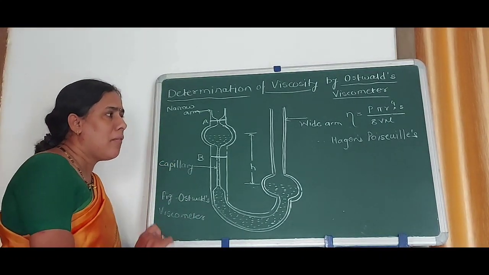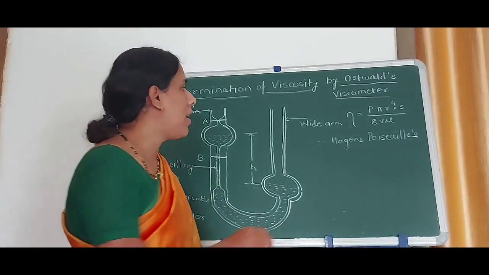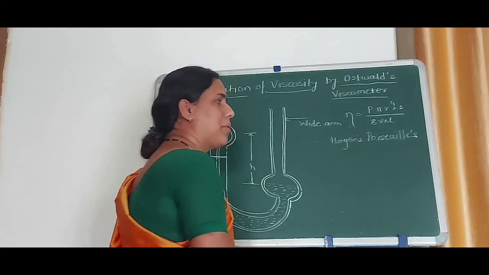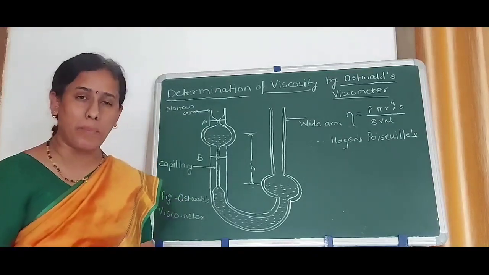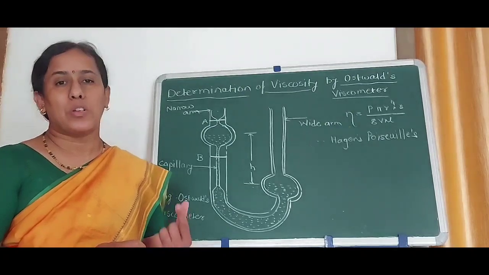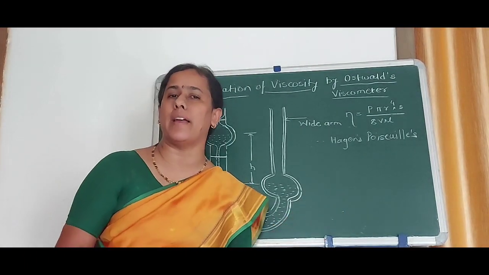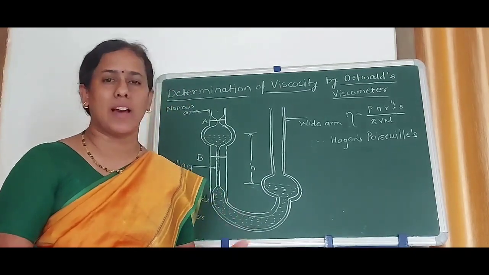Now when we are going to discuss the absolute viscosity, we have to use this equation, okay? But in actual practice, it is not possible to determine the absolute viscosity. For that purpose, we can make the relative calculation. What is relative calculation?